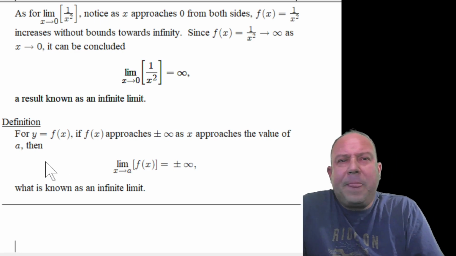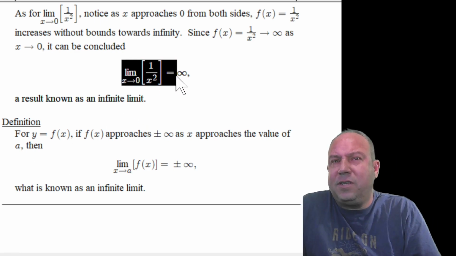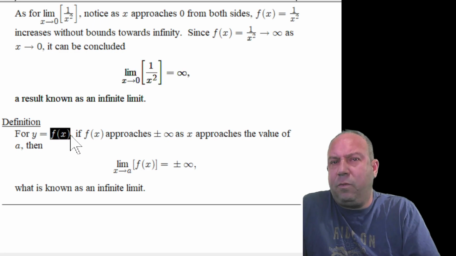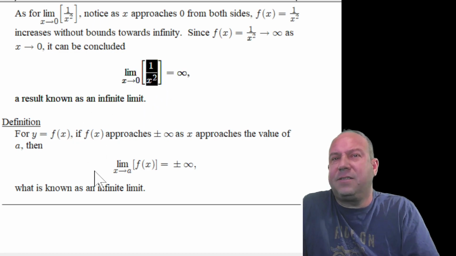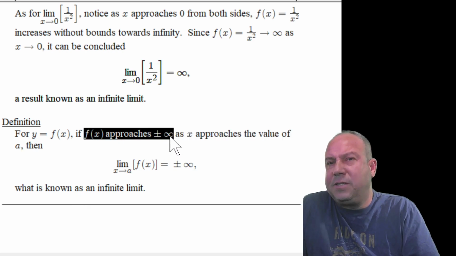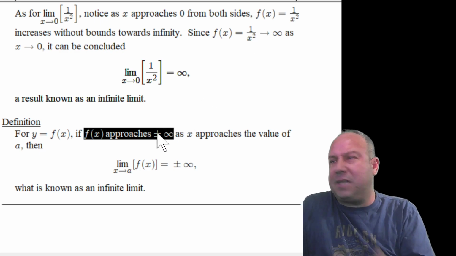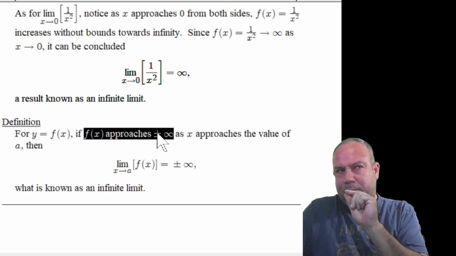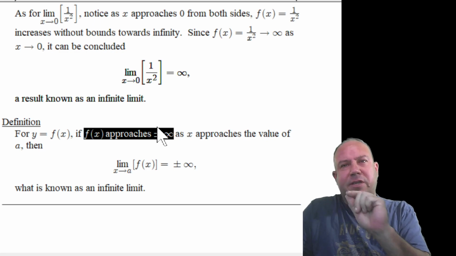Let's see here. By definition, this is known as an infinite limit because for the function f of x, f of x approaches positive infinity. It can be one or the other. When we say plus or minus infinity, that or is exclusive.